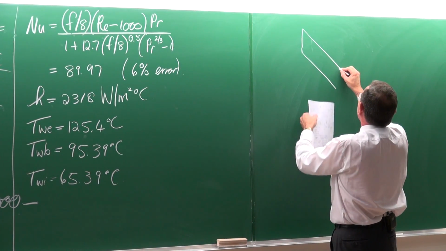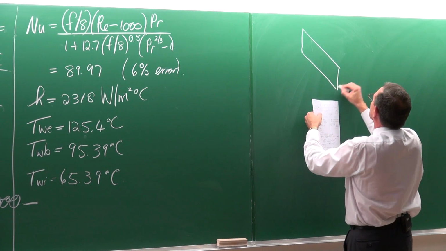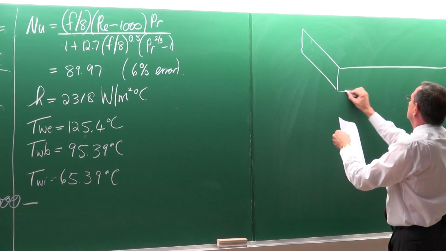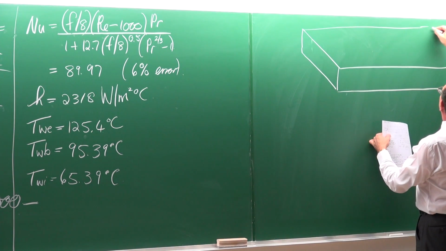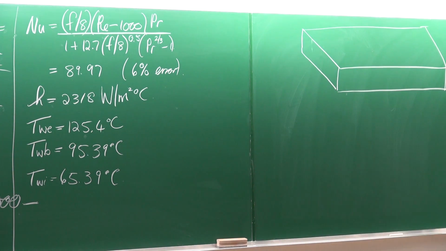Okay, so the next problem is an air conditioning channel. Many of you are interested in air conditioning, and you did some vacation work at some of these companies. This is typically an air conditioning channel, then a roof.